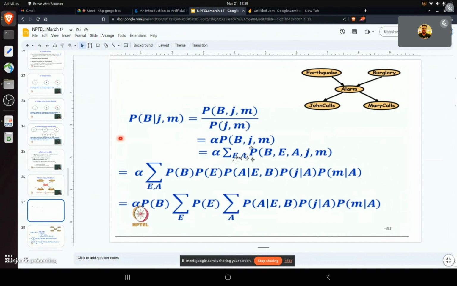And then you break this entire thing P of B, E, J, M, and then you take the sum after pushing in, after checking all the states.